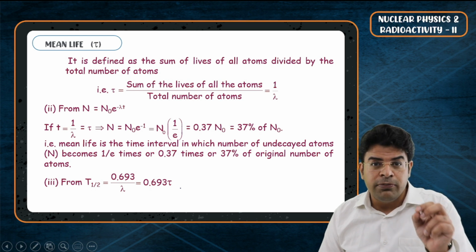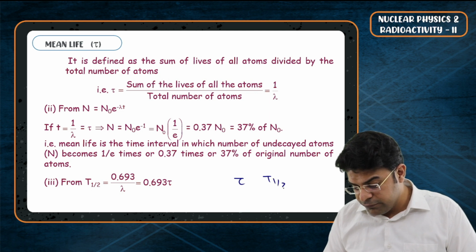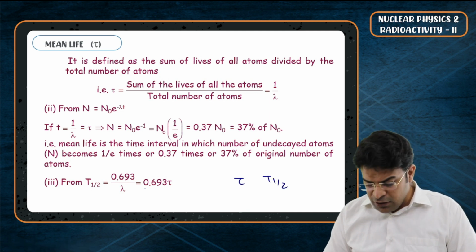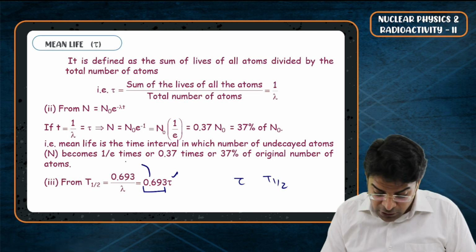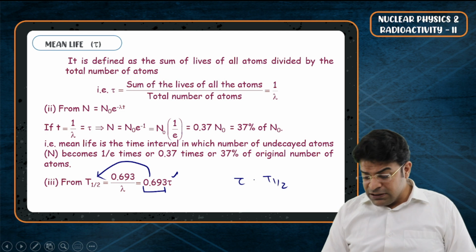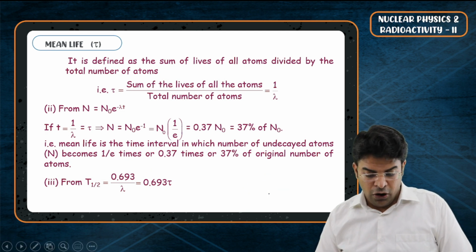Now I ask you a simple question. Which one is greater, mean life or half-life? So one can say that you have to multiply a number less than 1 with the mean life to get the half-life. It means that mean life has to be greater than half-life.